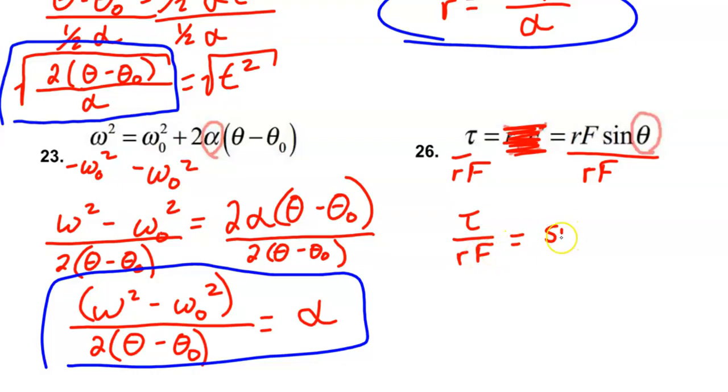equals sine theta. And what you should remember from algebra is that when you have a trig function, the algebraic way to remove that trig function is to take the inverse trig function of whatever that is. So we're going to do inverse sine of both sides.